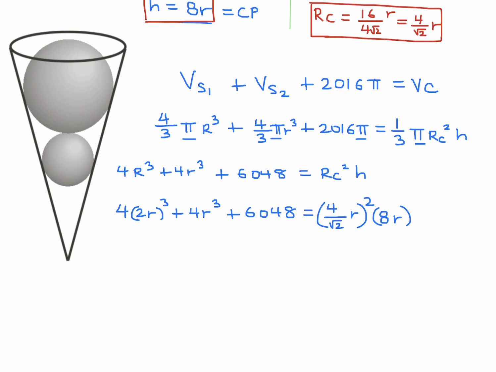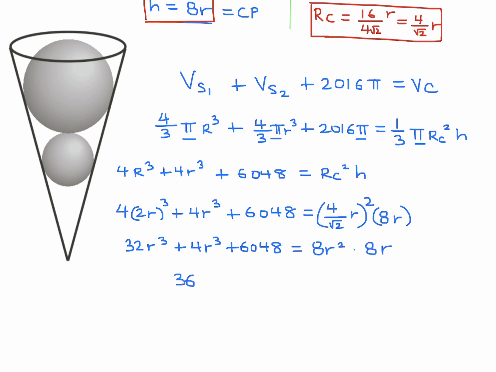All right, I only have one variable. I can solve this. So 2 to the power of 3 is 8. 8 times 4 is 32. So that's 32r cubed plus 4r cubed plus 6048. This is going to be, let's see here, 4 times 4 is 16 over root 2 squared is 2. So 16 over 2 is going to be 8. So 8r squared, and then times 8r.